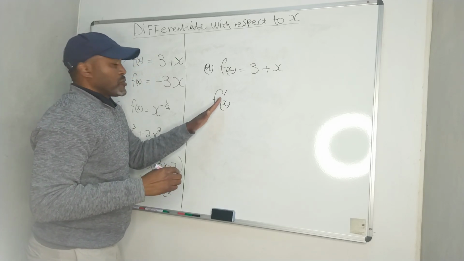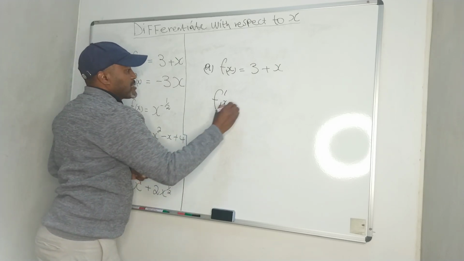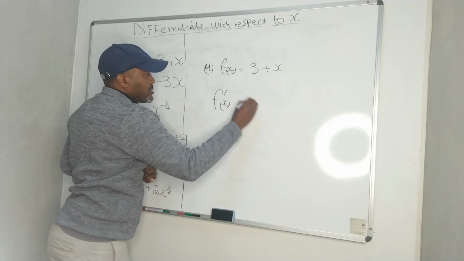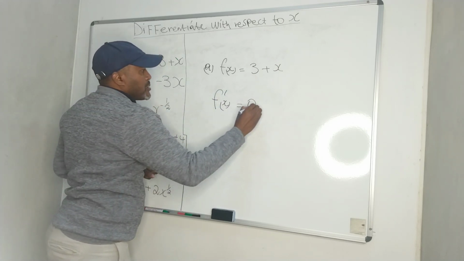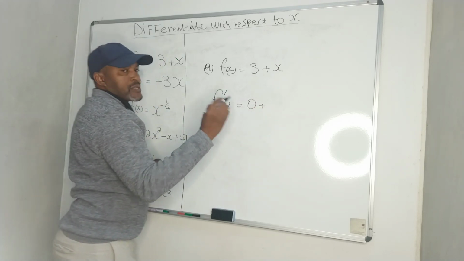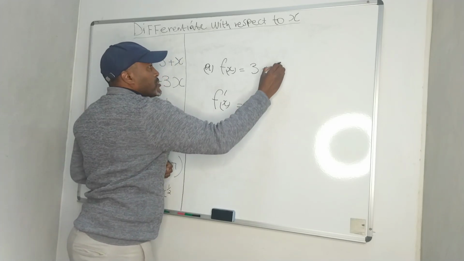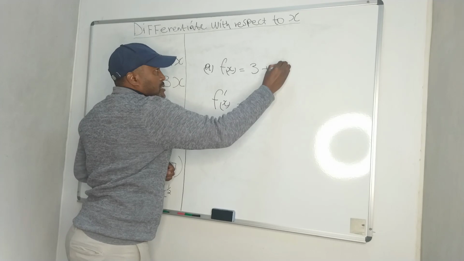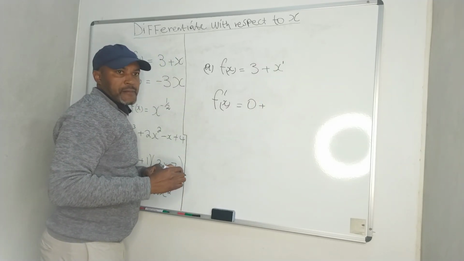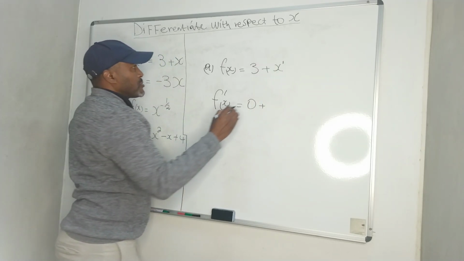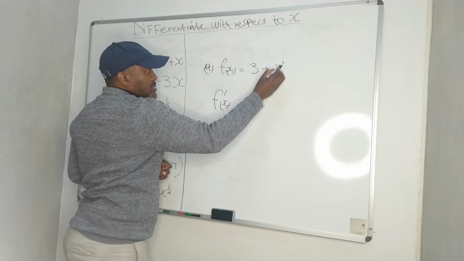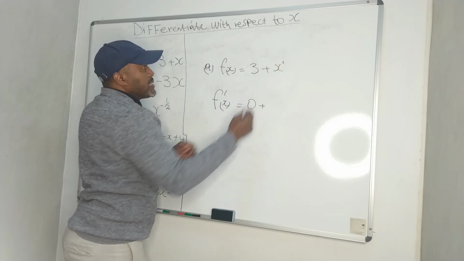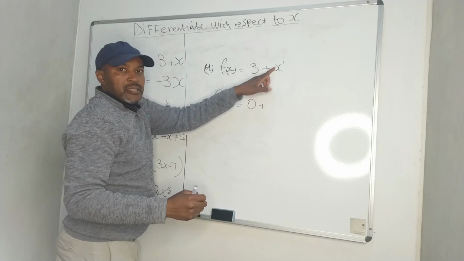Right. So we are here. The f prime of x is equal to, here the derivative of a constant is going to be 0, plus, remember, your x here is raised to 1. So that 1 should come down here and multiply by the coefficient of x.